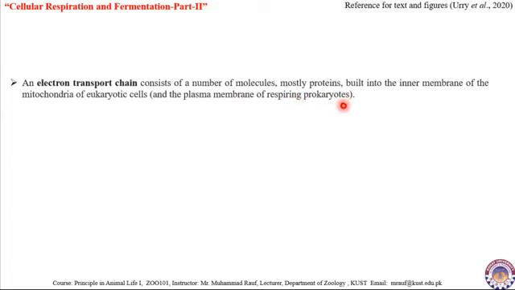So the electron transport chain consists of a series of proteins, and these proteins are embedded in the inner membrane of mitochondria in eukaryotes. And because prokaryotes lack mitochondria, if the prokaryotes are aerobic, then they are also supplied with those proteins embedded in the plasma membrane. So in aerobic prokaryotes, the process of aerobic cellular respiration also takes place.